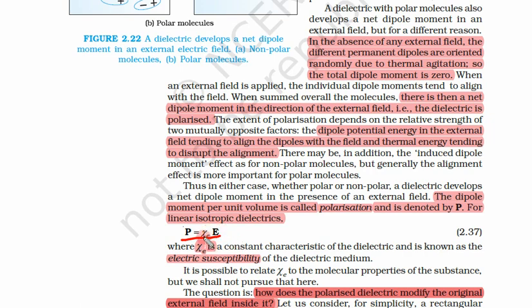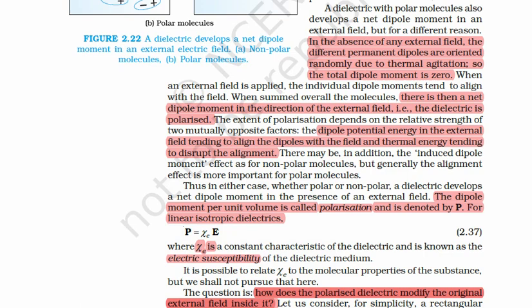What is this chi? This is a proportionality constant, and it is called electric susceptibility. So the polarization increases as you increase the electric field, that means higher the electric field, higher the alignment, and chi is the electric susceptibility. This is a material property.